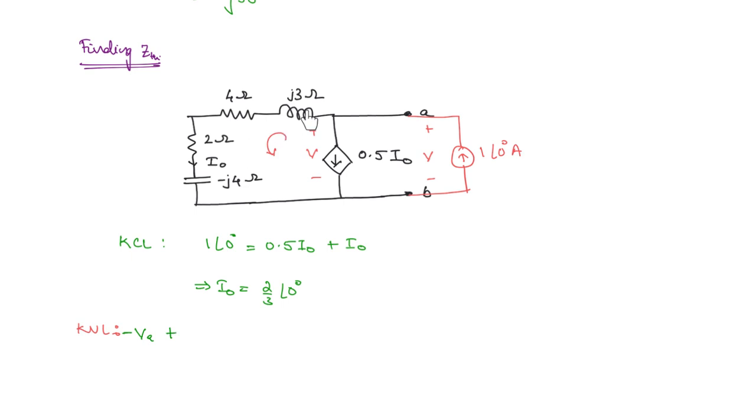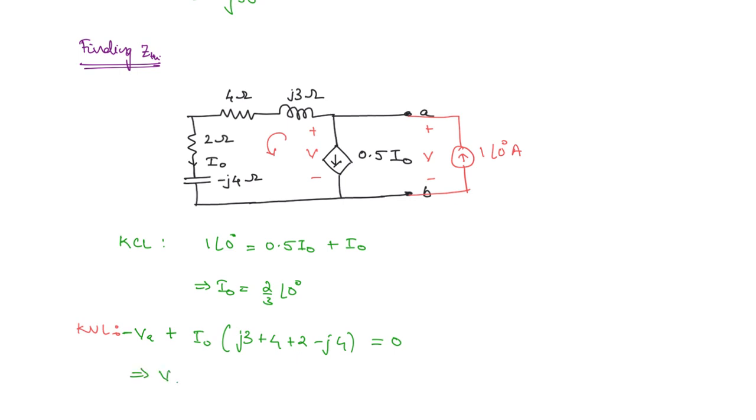In all of these circuit elements, only I0 is flowing. So you have I0 times the sum of all of the impedances. What will that be? j3 plus 4 plus 2 minus j4, and this is equal to 0. We know I0 here, so we can find VA.